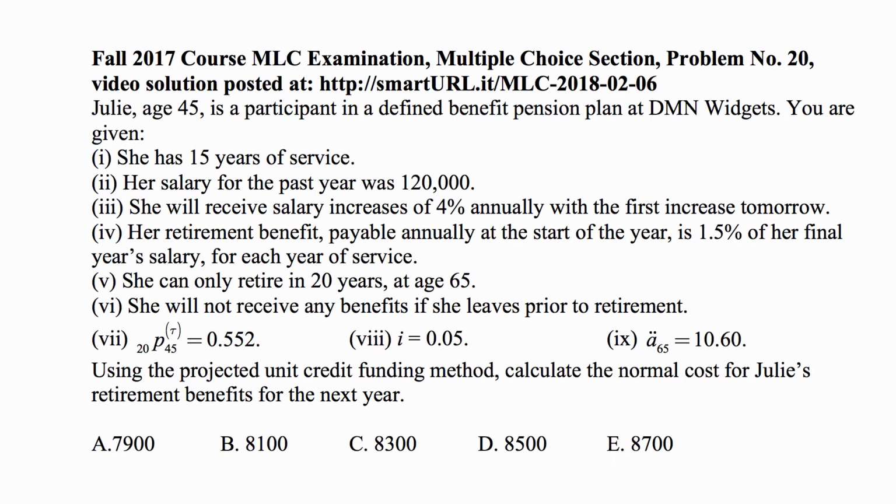And A.65, the single net premium for a unit life annuity payable from age 65, annuity due, is 10.60. Using the projected unit credit funding method, calculate the normal cost for Julie's retirement benefits for the next year.